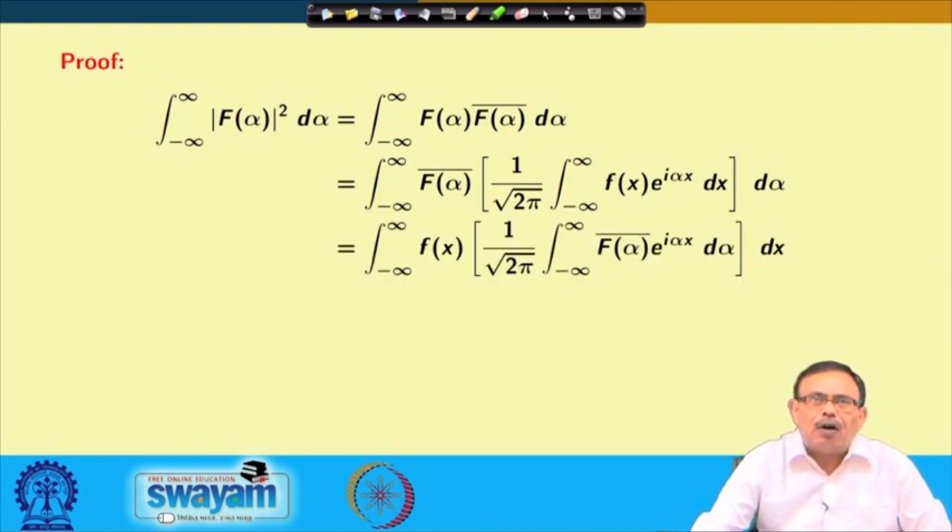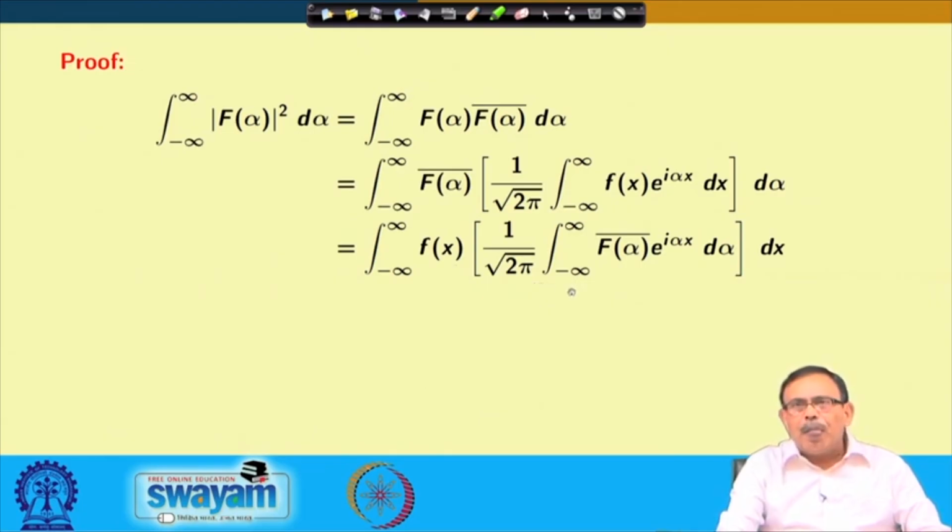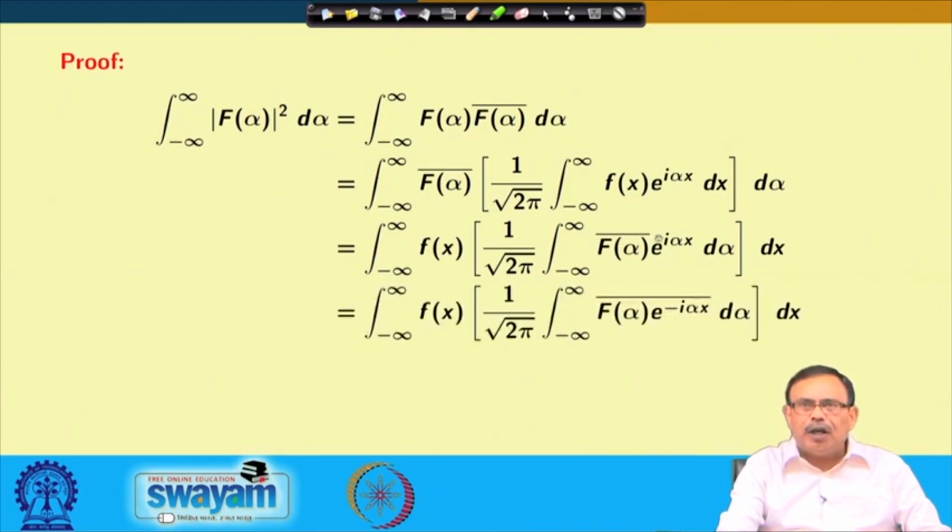Now, without changing the property of the integration, I can interchange the order of the integration. So, by changing the order of the integration, f(x) can come outside, and this I can write down 1 by root 2 pi, integral from minus infinity to infinity F(alpha) bar into e power i alpha x. Now, this F(alpha) bar into e power i alpha x, I can bring it together and I can write down F(alpha) into e power minus i alpha x whole bar.